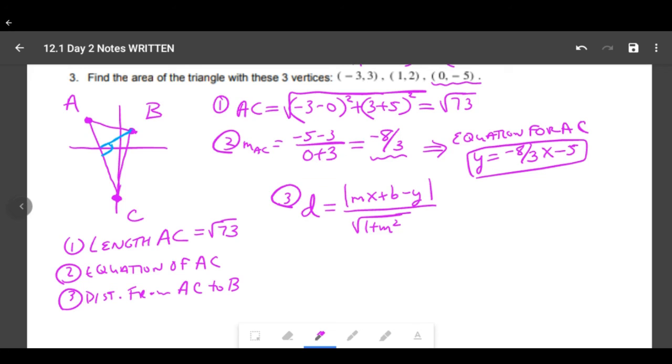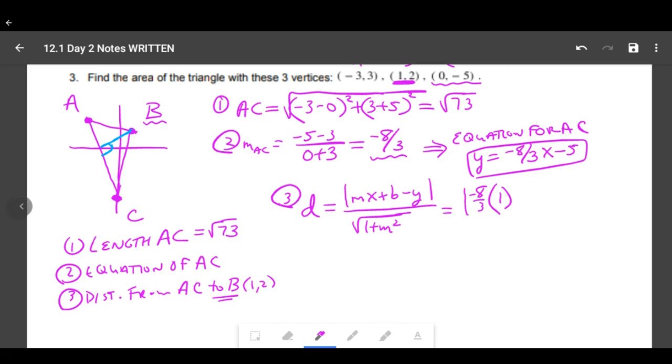So I'm going to start plugging some information in. The absolute value, I know that my slope is -8/3. I know that my x value, now we're doing it towards B here. So in this case, (1, 2) is my coordinate, so my x is going to be 1 because I'm finding it to B, right?